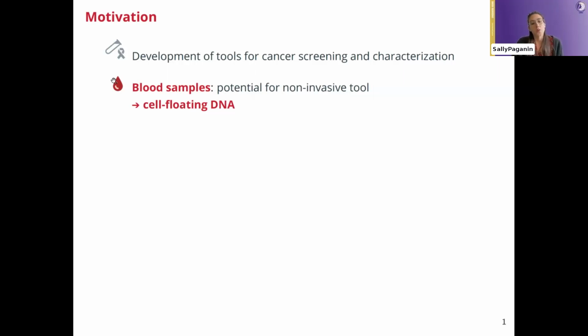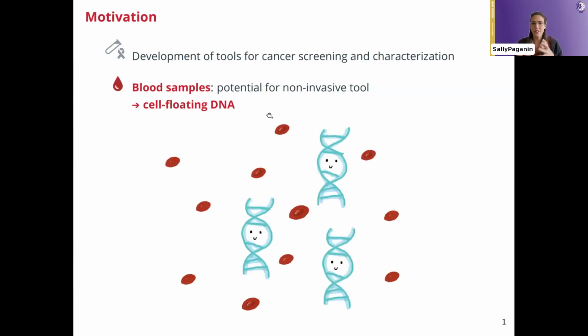It is possible to use blood samples for cancer detection or characterization because it has been discovered that blood contains something called cell-free DNA, which is literally fragments of DNA that float in the blood and that is released by cells during their lifetime.